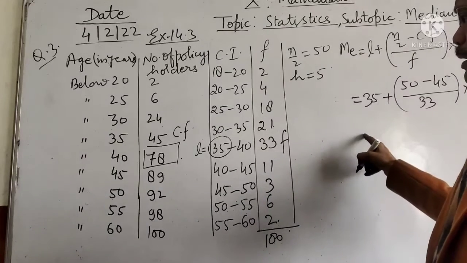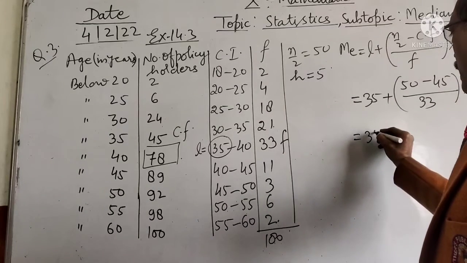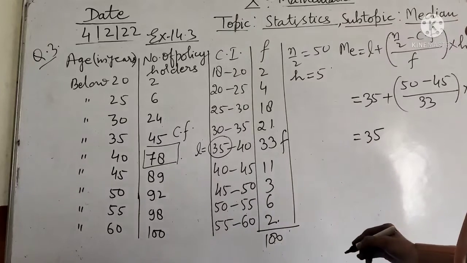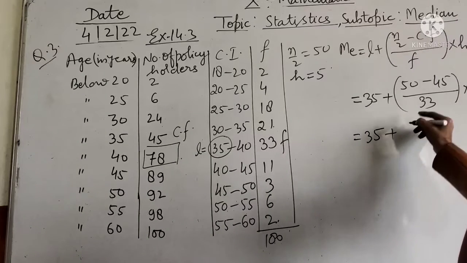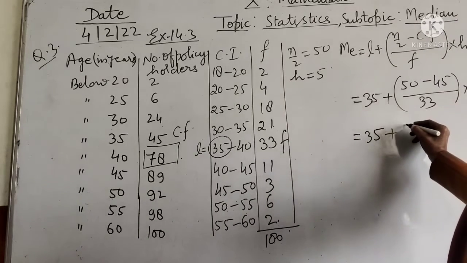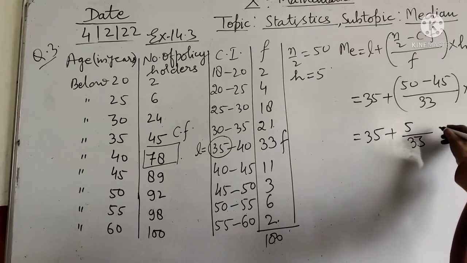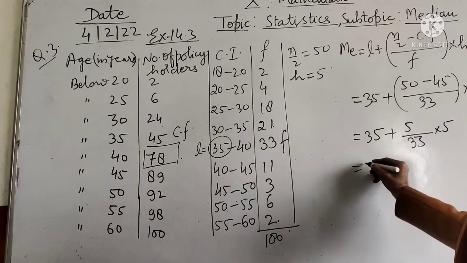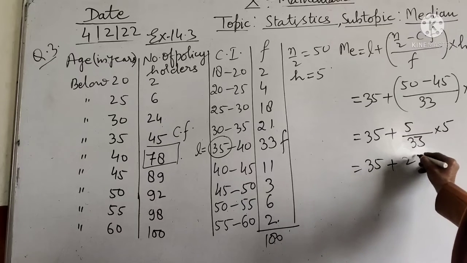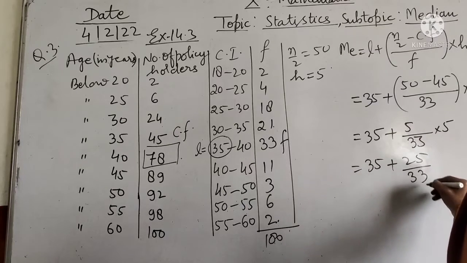Then it is 35 plus 5 upon 33, into 5. So it is 35 plus 25 upon 33.